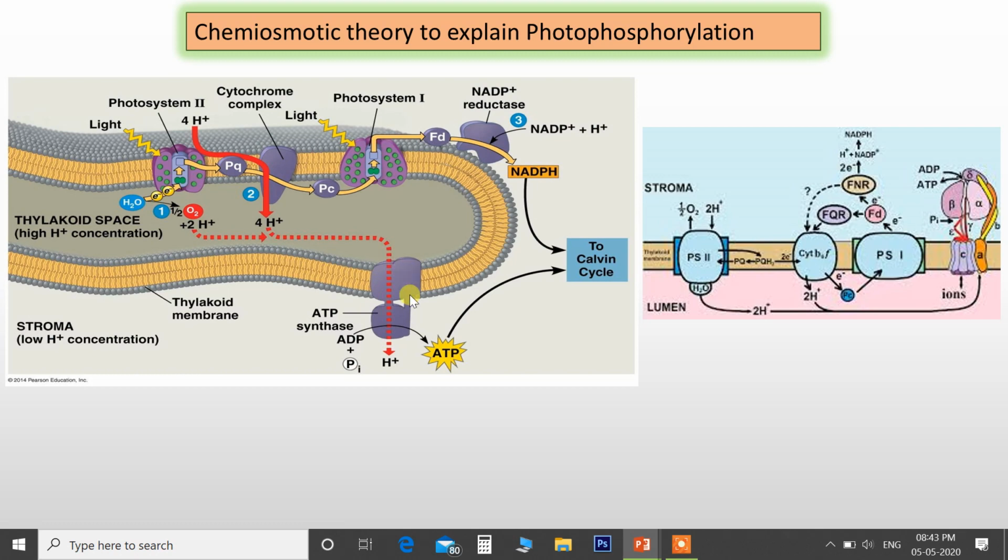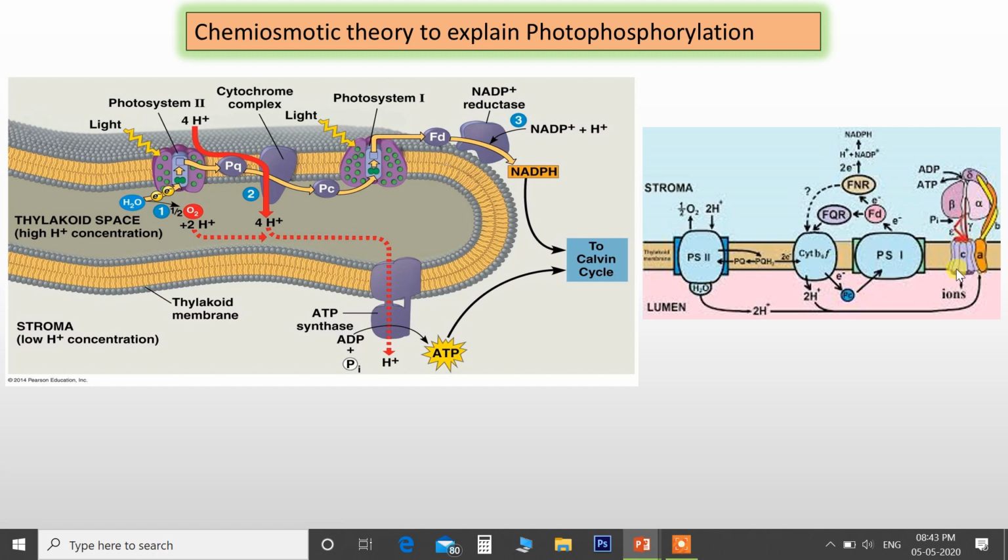Here this is the CF0 CF1 particle, and this is the exact structure of the CF0 CF1 particle. In this representation the structure is more clear. There is a particular portion of this particle which is traversing the membrane. This is the thylakoid membrane.